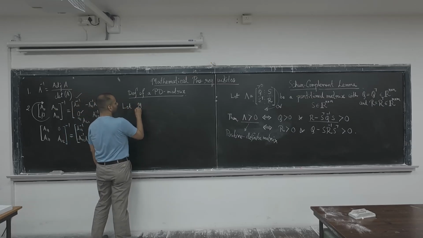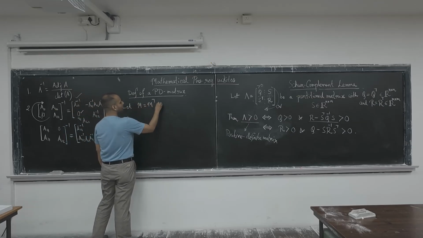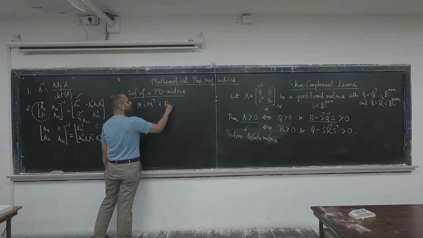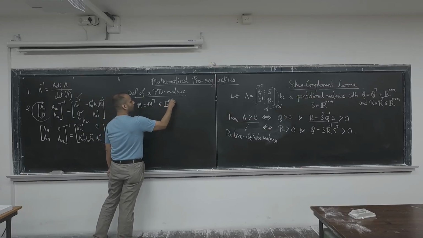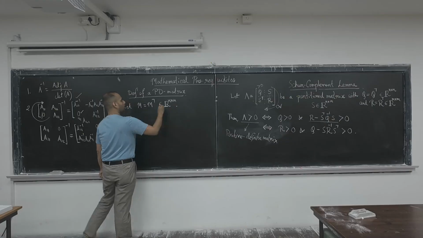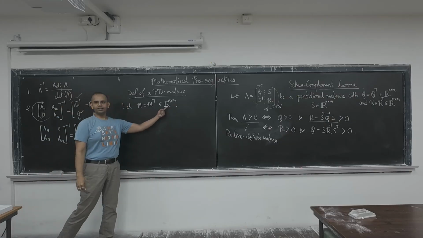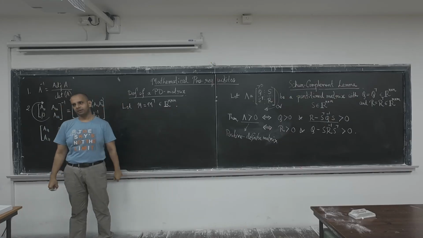Let M equals M transpose belonging to R n cross n. At this moment I have taken the field to be real, but it can be complex as well.